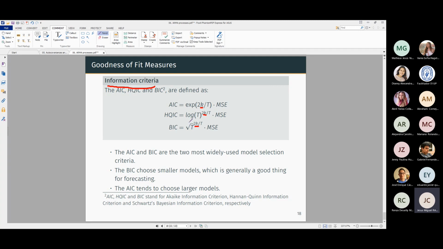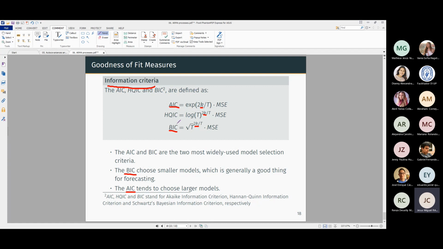Some of them penalize the mean square error more. The one that penalizes more is the Bayesian. The one that penalizes less is the Akaike. That's why the Bayesian information criteria chooses the smaller models, and the Akaike tends to choose larger models because the penalization is lower.